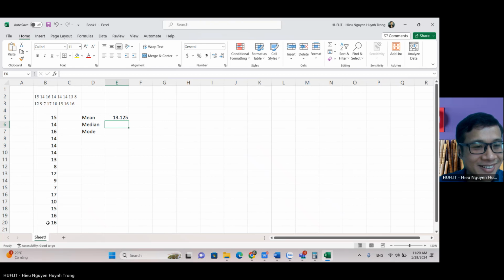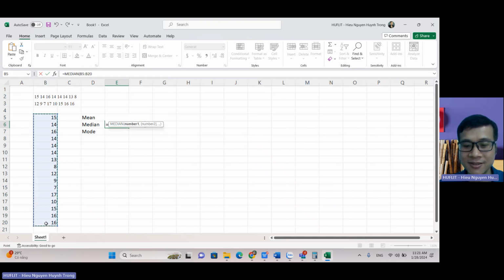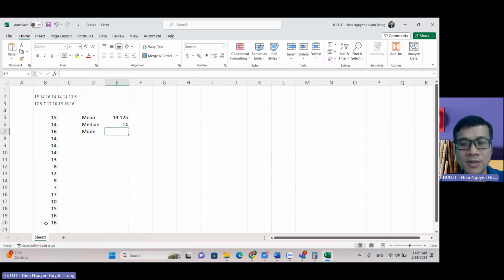So good. How about the median? You press equal, and then you type median. Excel already suggests the formula for you here. You scan the set, close the bracket, and it gives you 14, the median. And how about the mode?